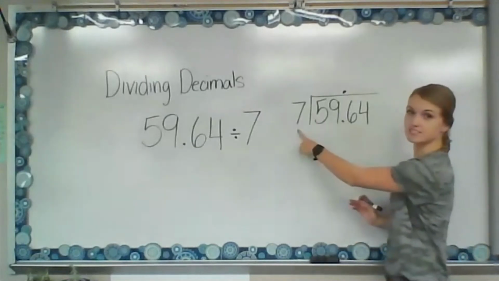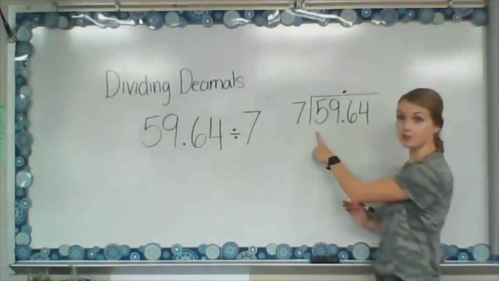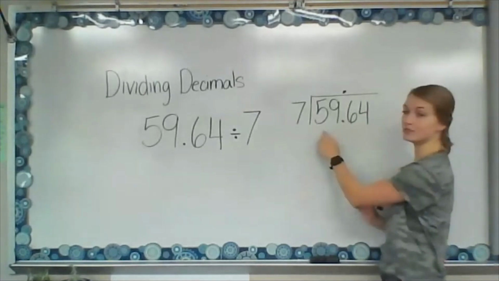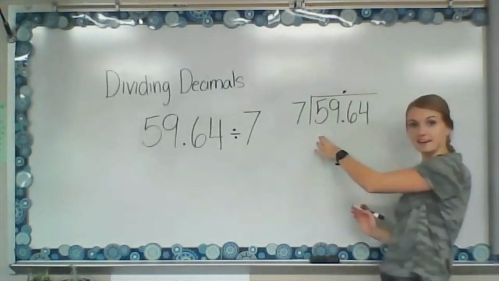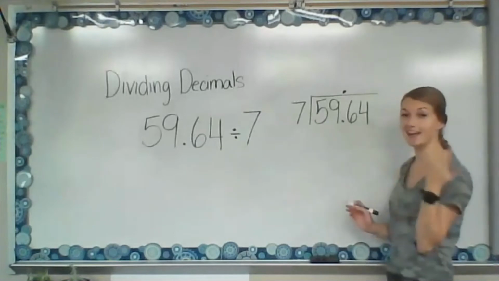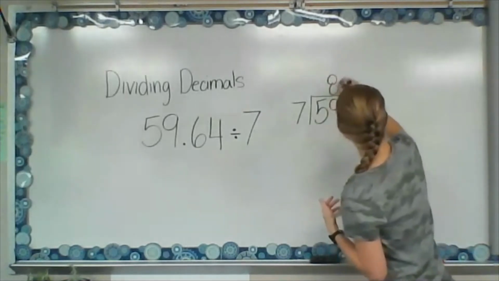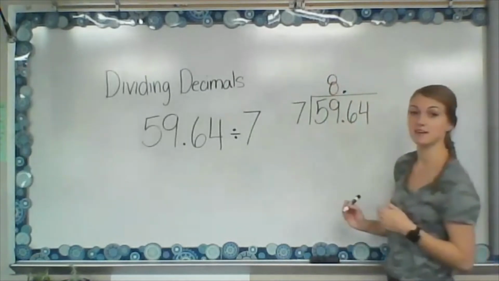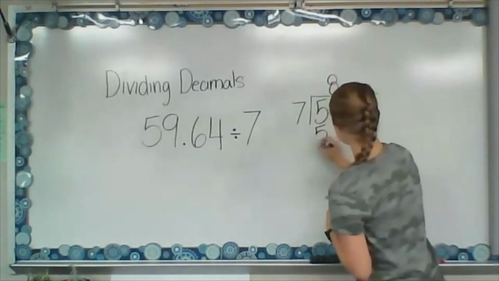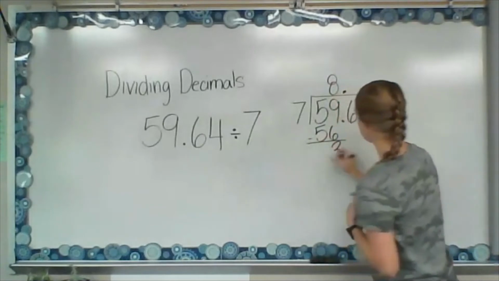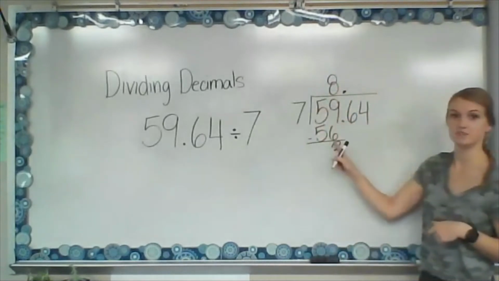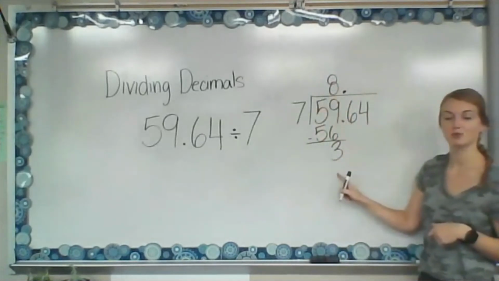So we have to ask ourselves, does 7 go into 5? No, it's too big. Does 7 go into 59? Yeah, how many times? 8, right? If you don't know, you can check your multiplication table. But I know it's going to be 8. 8 times 7 is 56. Subtract and I get 3.